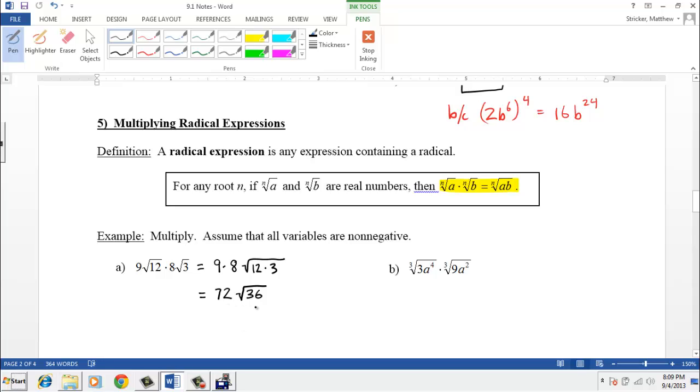And then you always need to ask yourself, can you simplify the radical? And in this case you can, because the square root of 36 is 6. And 72 times 6 is 432.